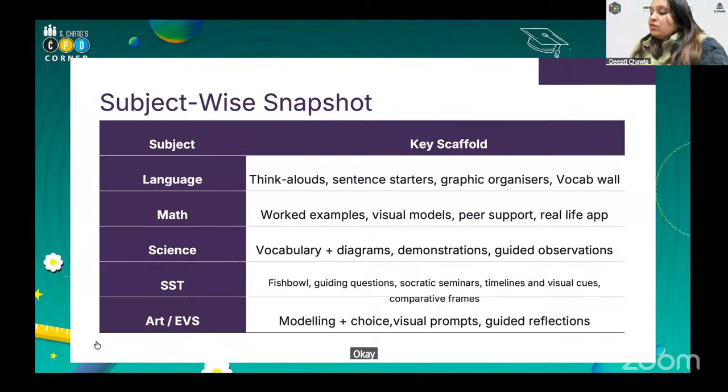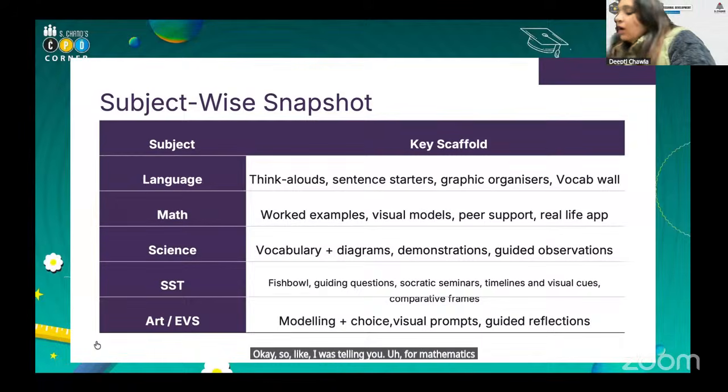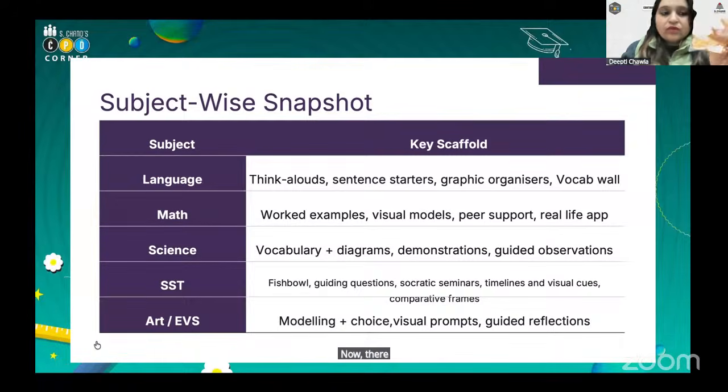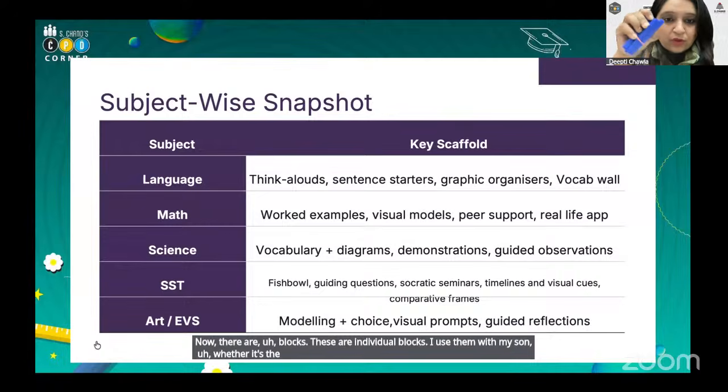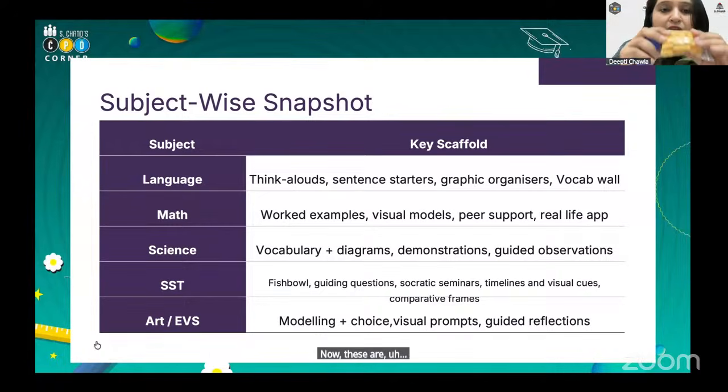Okay. So like I was telling you, for mathematics teachers, now there are blocks. These are individual blocks. I use them with my son, whether it's the place value concept or carryover and borrowing. These are 10 blocks in one, then 100, right?